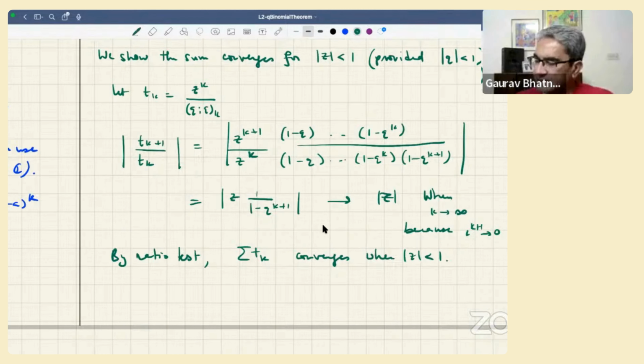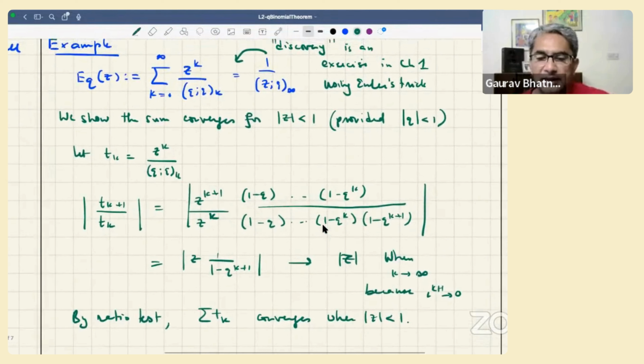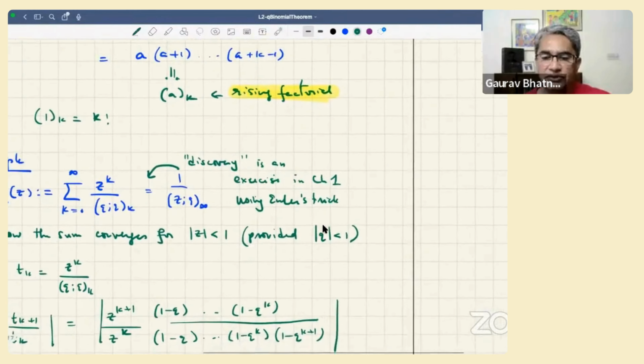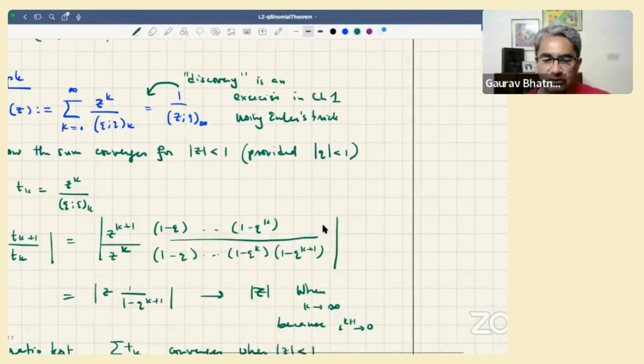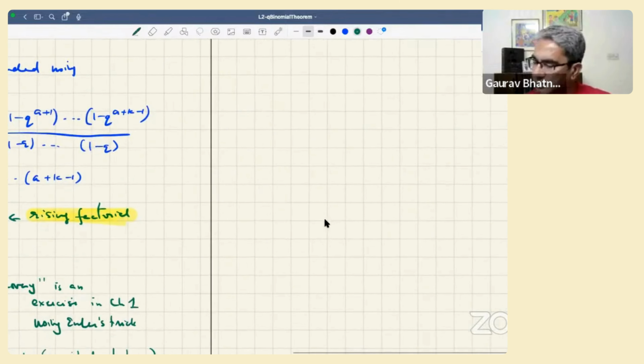So it's quite important to understand how to do this. Products will also be very similar, which we will come to at some point.